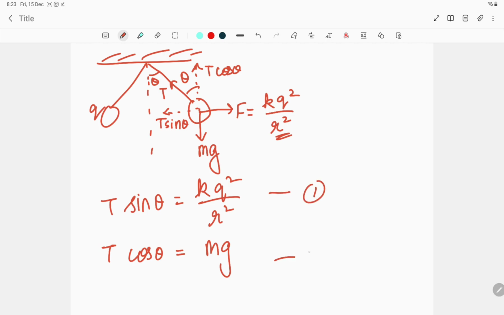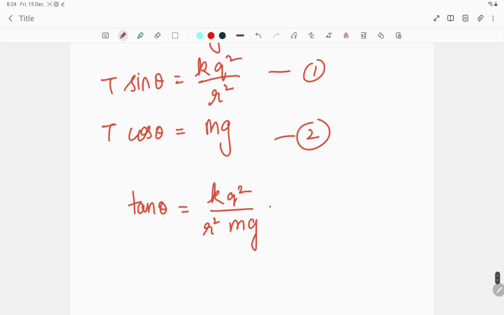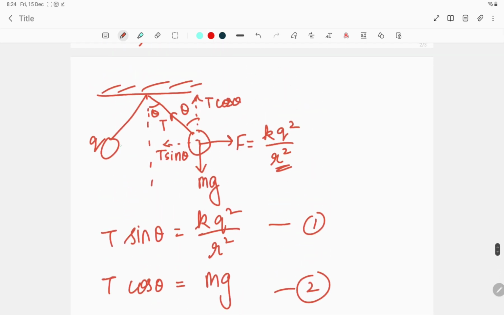So let us divide both equations. When we divide them, tan theta is equal to kq square by r square divided by mg. Now in our diagram, tan theta is also equal to something else. This entire length is r, so if this is theta and this vertical length is y, this length will be r by 2. So tan theta is equal to opposite by adjacent, which is r by 2y.